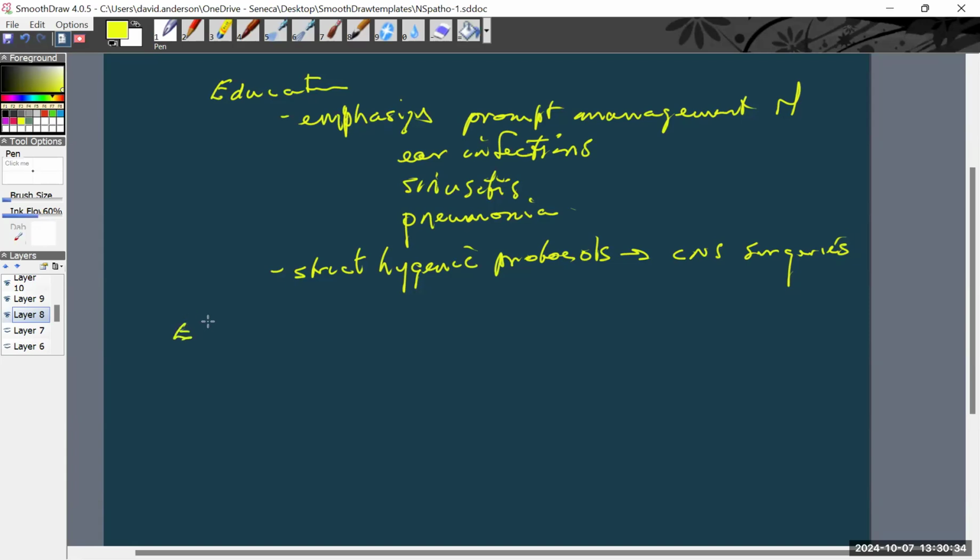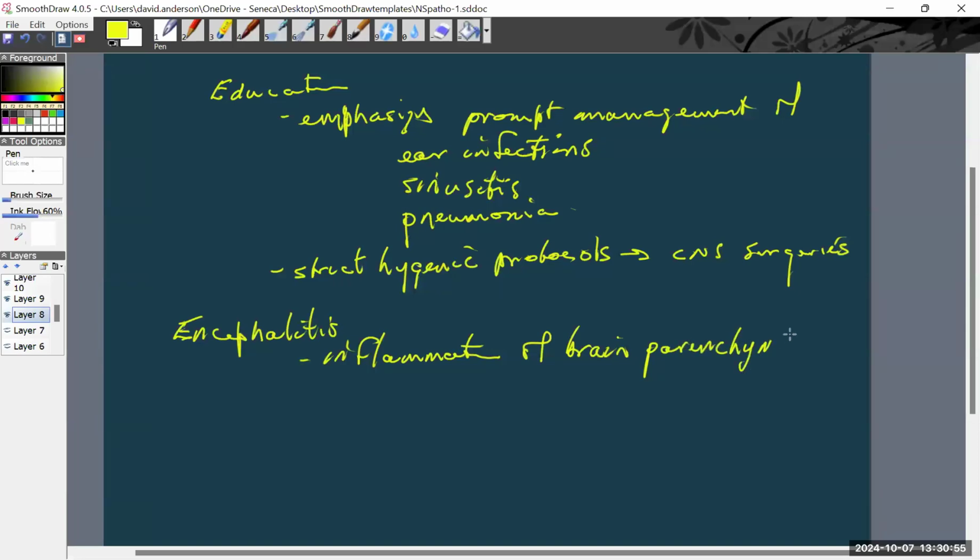Now, if we take a look at encephalitis, now we're talking about inflammation of the brain tissues. Fancy word for the brain tissues that are the active parts or the functional parts, is parenchyma.